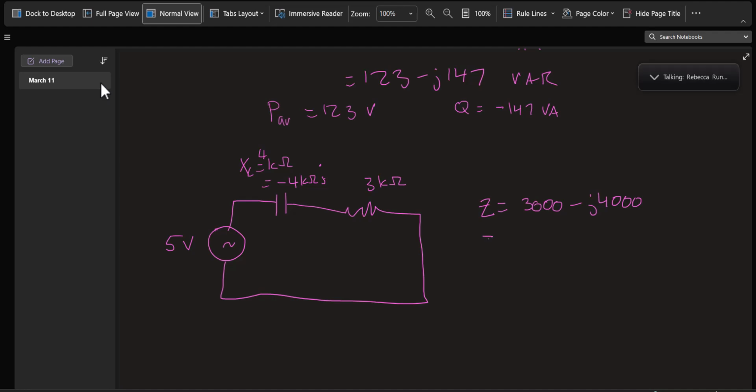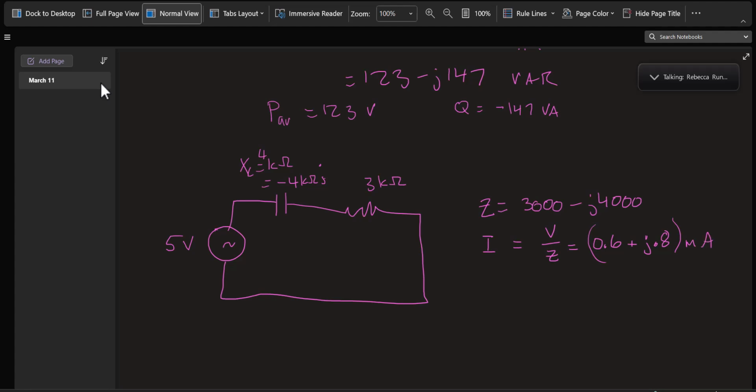And so our current would be V over Z, which would be 0.6 plus J.8 milliamps.